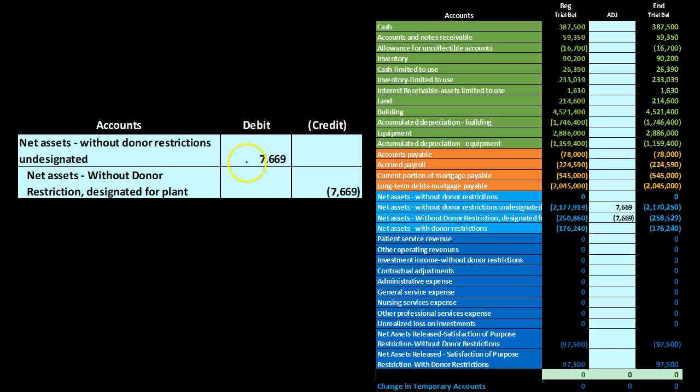Therefore, if we post this out, the debit is going to be on this side. We're going to be taking it out of the net assets without donor restrictions. So it has a credit balance. We're going to debit it to make it go down. Then we're going to put it into the net assets without donor restrictions, which is designated for plant. It has a credit balance. We'll be crediting it, making it go up in the credit direction.